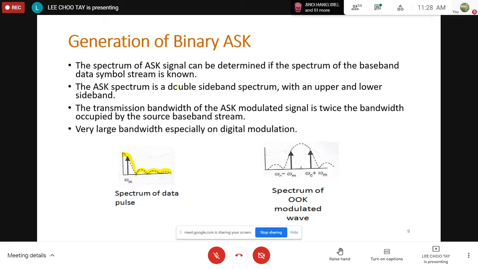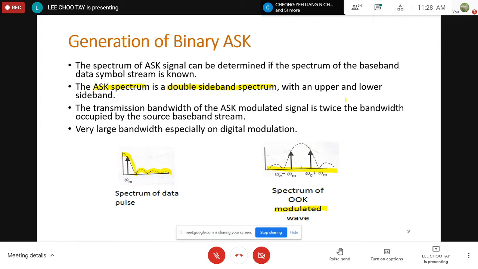So the ASK spectrum, because the modulation method is similar to double sideband suppressed carrier, you can expect the spectrum to be double-sided as well. Okay, you have double sideband. So now your ASK modulated wave will have a spectrum on the lower side of the carrier frequency and also on the upper side of the carrier frequency.